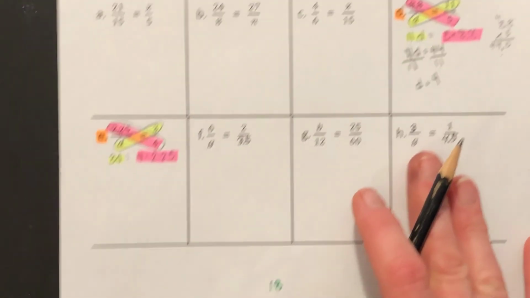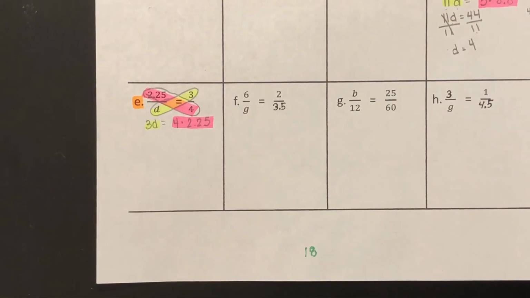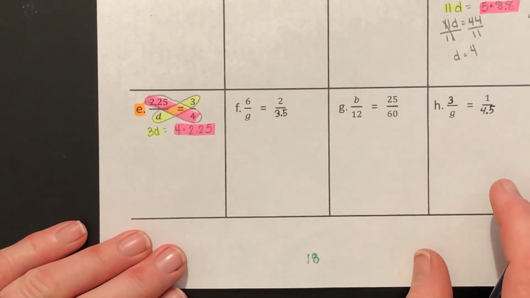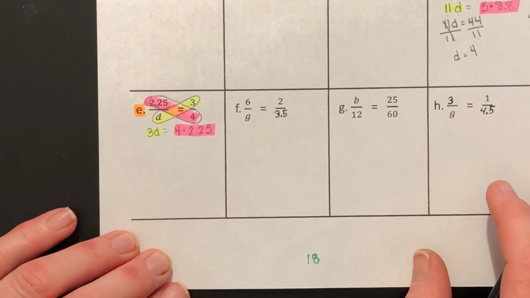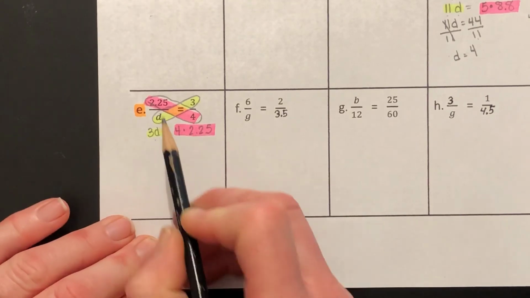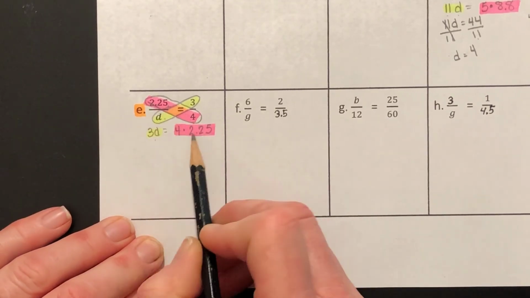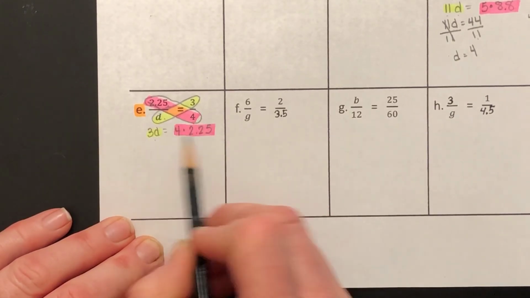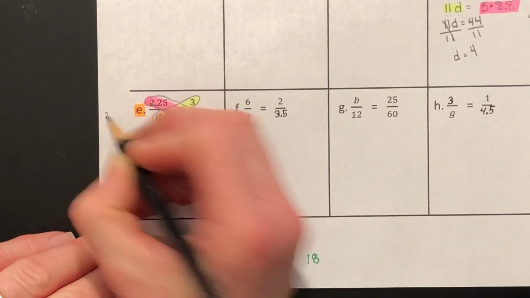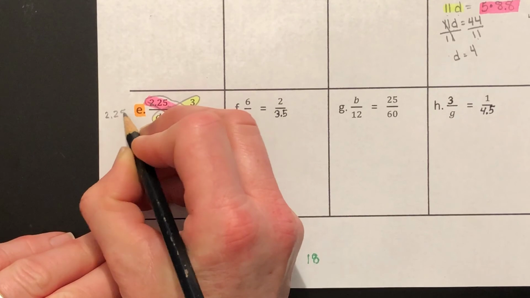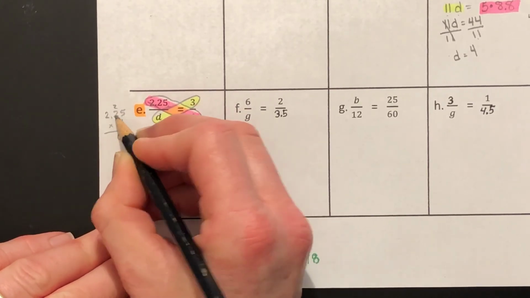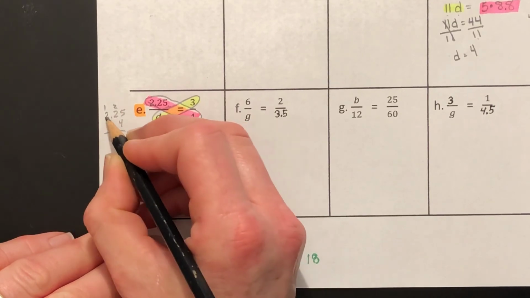Finally, E. Once again, this is one where we have to cross multiply. 3 times D is 3D. 4 times 2.25, I haven't figured that out yet, but I wrote it. Let me go ahead and solve that. 2.25 times 4 is 900.